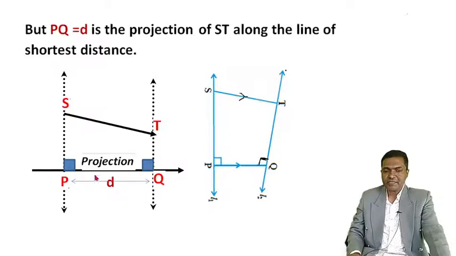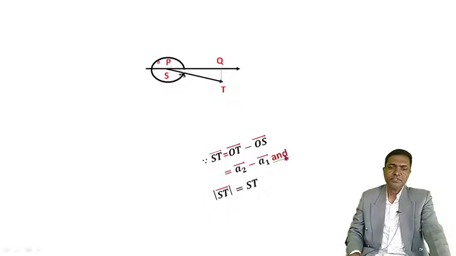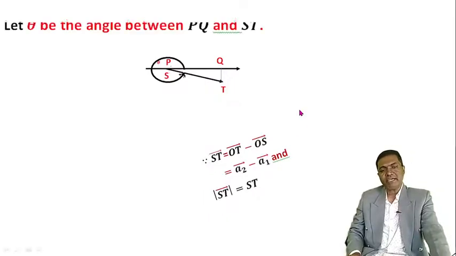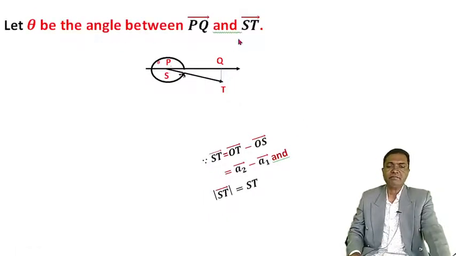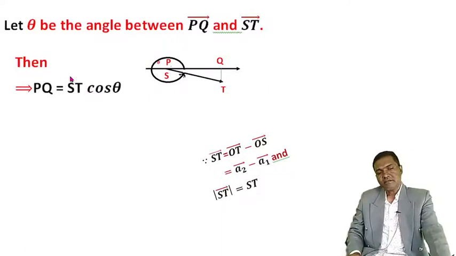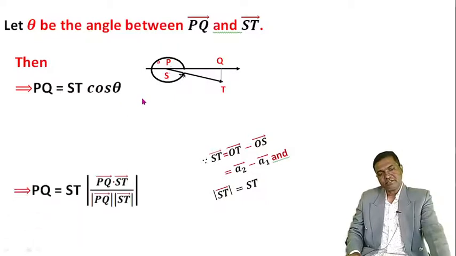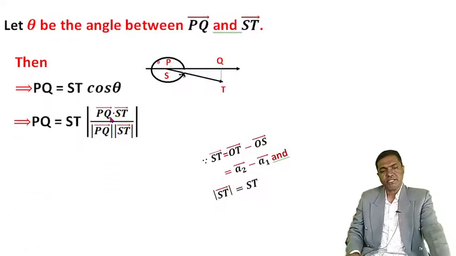So the distance between them is D. So if we draw the perpendiculars here by shifting the vectors, we can find that this length is a projection of ST. And if you talk in terms of angles, if theta is the angle between PQ and ST, I explained how the projection is given by PQ is equal to ST into cos theta.